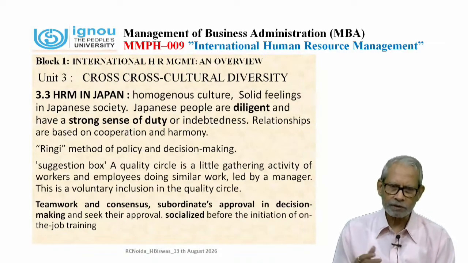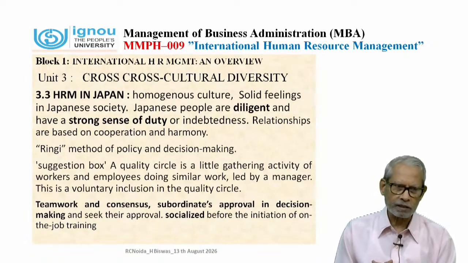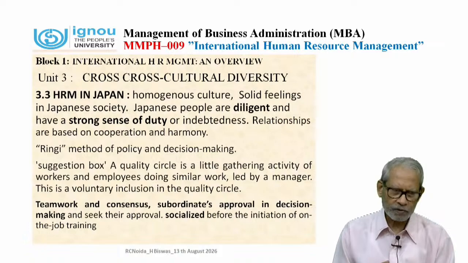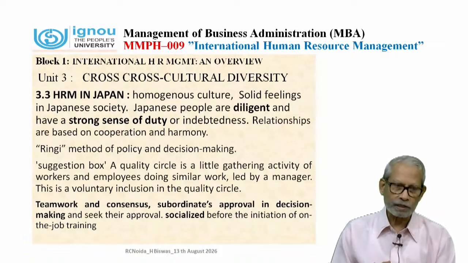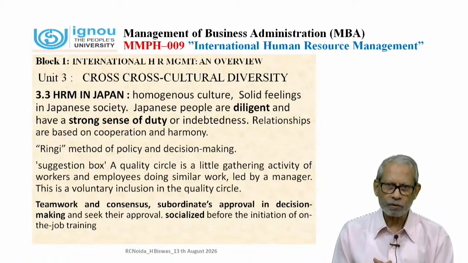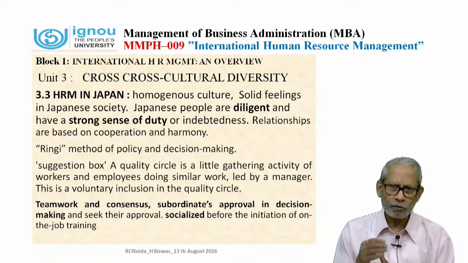So, Japan is basically a homogeneous culture, with solid feelings and a strong sense of duty. Suggestion boxes are already there, it is the ringi system in Japan. You can put in your policies and the decision-making process. You can also participate through this, and drop in your viewpoint there.